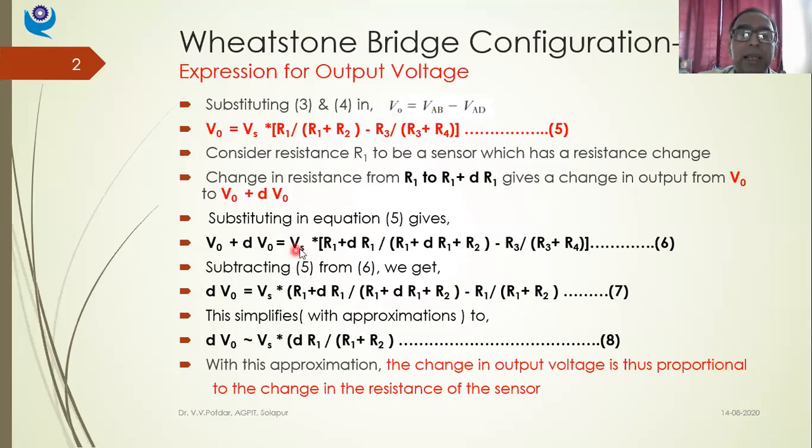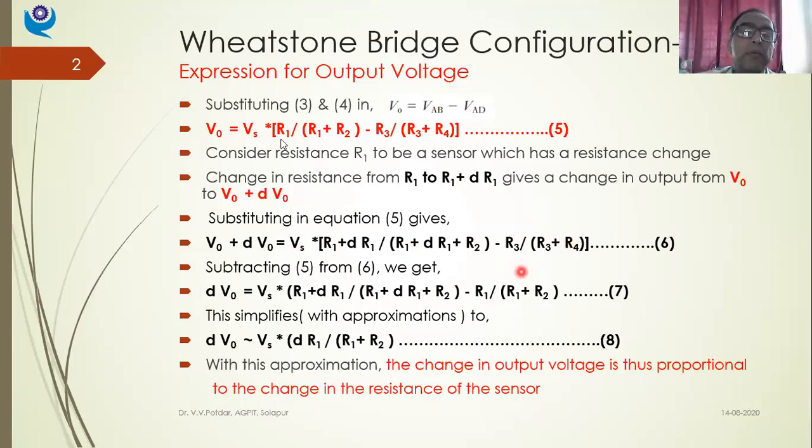Vs into the first part of the term, this is R1 plus dR1 upon R1 plus dR1 plus R2. Vs into this first term minus Vs into the second part of the term. What is it? Vs into R3 upon R3 plus R4. So I'll be having Vs into first term as it is, minus Vs into second part as it is. Minus, here also same thing.